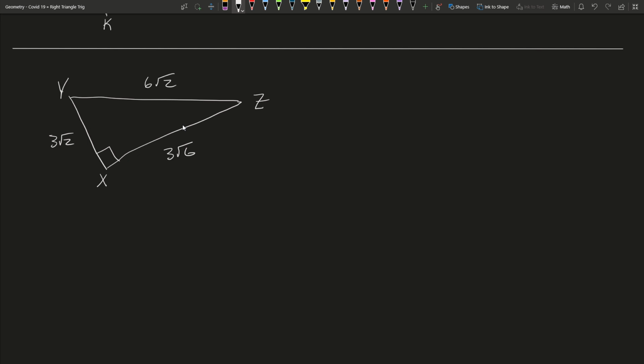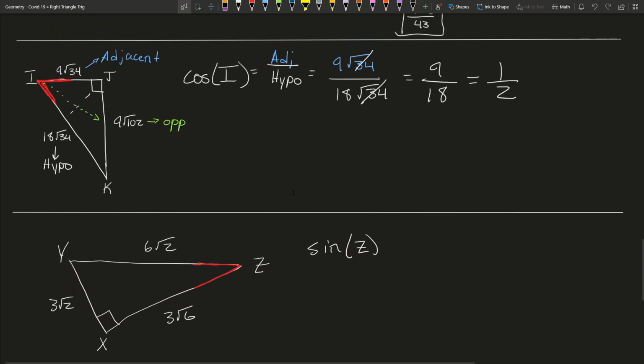And this problem says to find the sine of angle Z. I mean, I feel like that did have big radicals and big numbers.